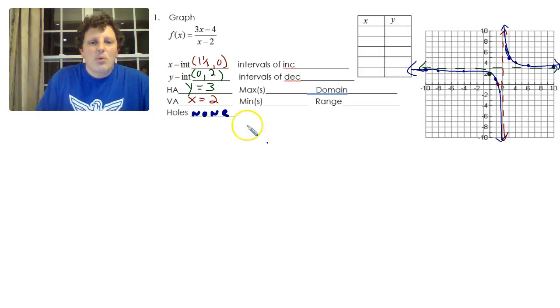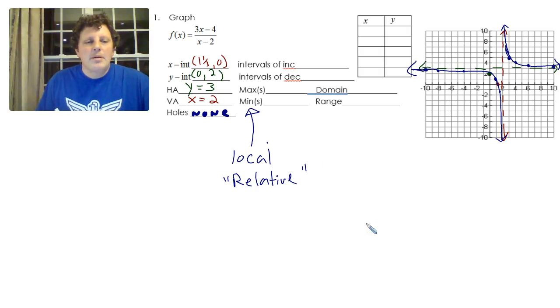I want to point out before we begin that in this lesson, when we talk about maximums and minimums, we're talking about a local max or min, or a relative max or min. There is a difference between a local minimum and an absolute minimum. Absolute minimums and absolute maximums are the highest or the lowest points on the graph, period.